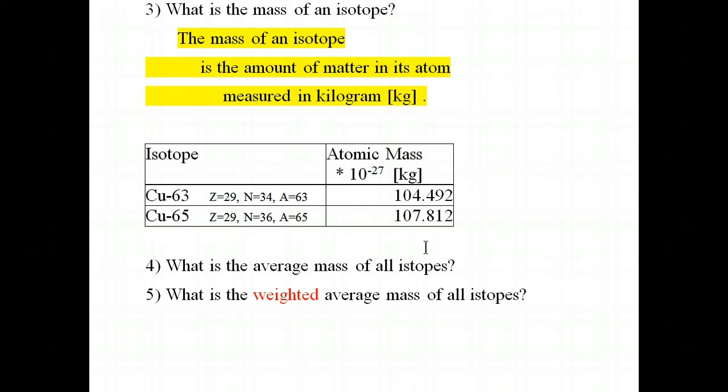Now, when you look into the atomic mass in kilogram, you will see that Cu-63 has 104.492 multiplied by 10 to the power of minus 27 kilogram in mass, while the atomic mass of Cu-65 is 107.812 multiplied by 10 to the power of minus 27 kilogram.